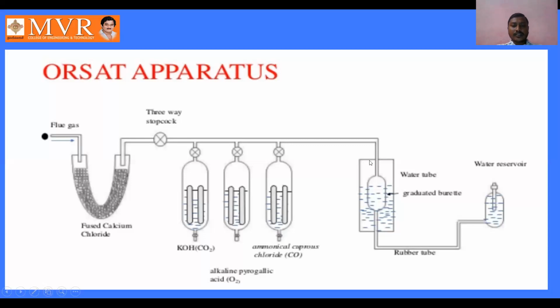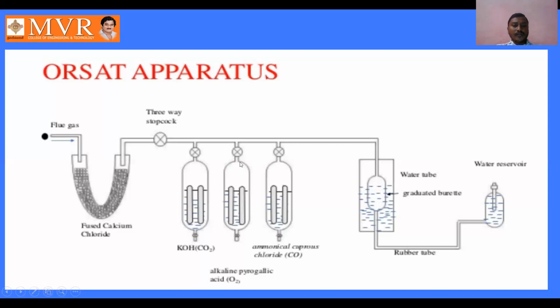When the gas enters the second bulb, the stopcock opens and O2 is absorbed in this bulb, and the remaining unabsorbed gas enters back into the graduated burette.